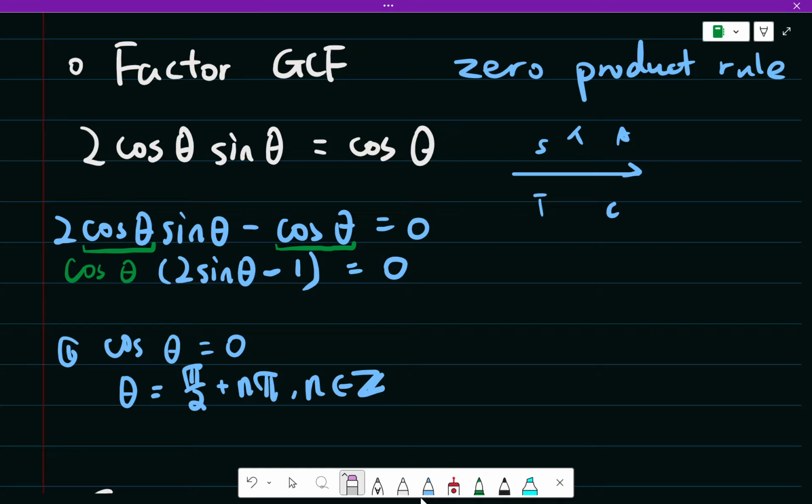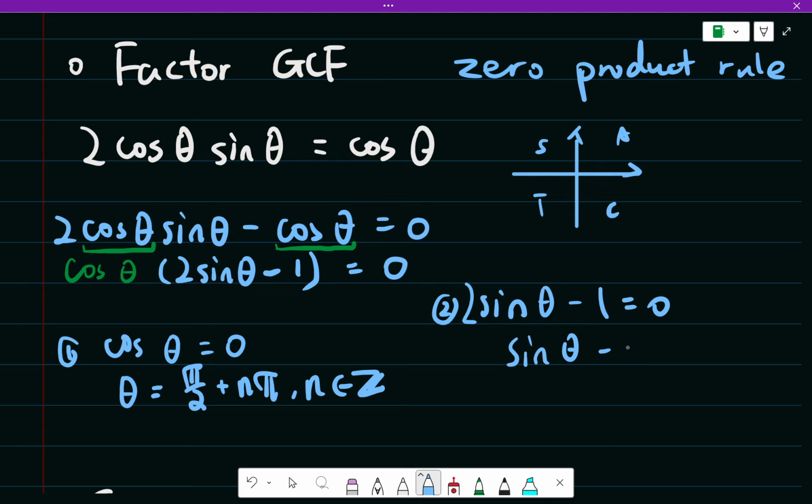And next, the second possibility is that the second term is 0, which is to say that 2 sine theta minus 1 is 0. So sine theta will be equal to 1 over 2. And the reference angle for this one would be pi over 6, or 30 degrees.